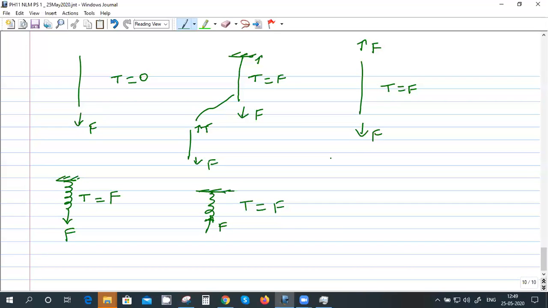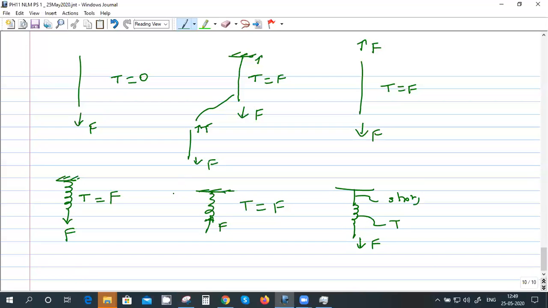Okay. Now I have, say, this is a string, and then I'm applying a pulling force F. Now what is the tension in the spring?